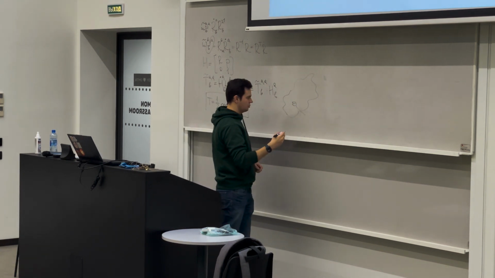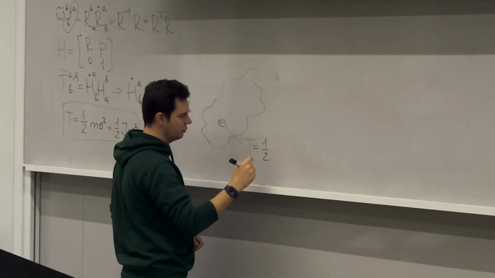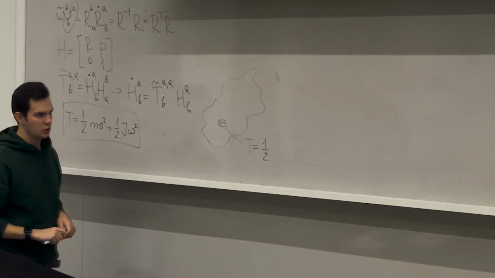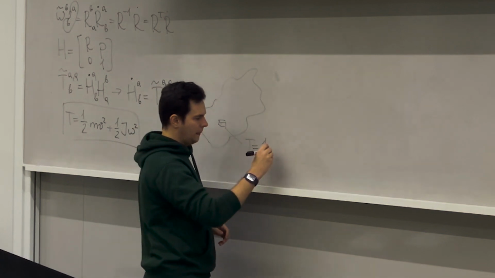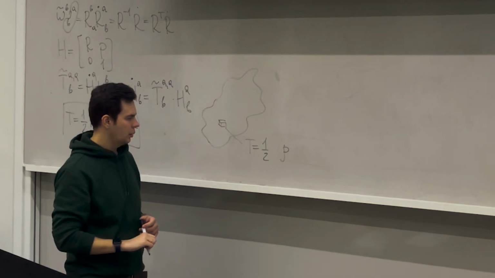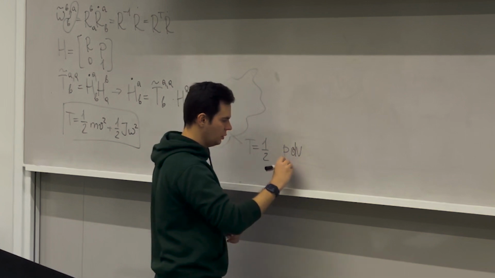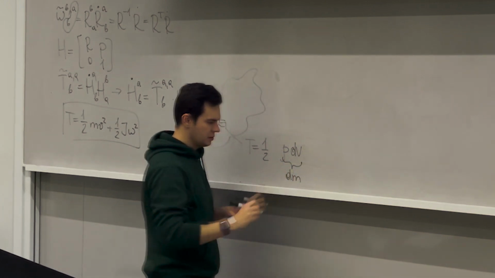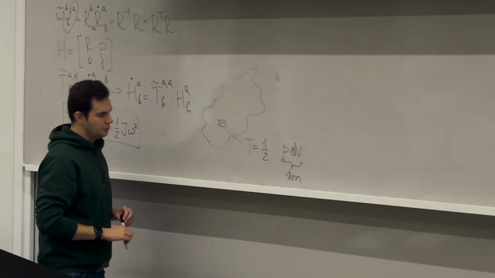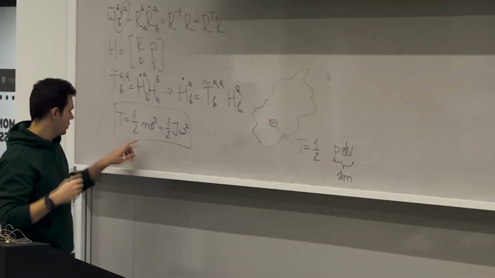We can do pretty much the same, that it will be 1/2. But now we can think about the mass as the multiplication of density, rho, with the volume. So this will be the mass, this tiny piece of mass. And we need to multiply it with the velocity, with this portion, right?